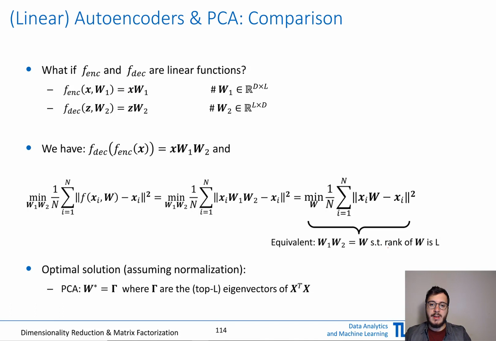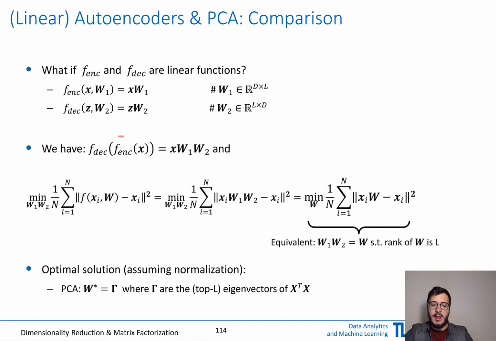This weight matrix projects the data from high dimensional space to low dimensional space, from D dimensions to L dimensions. Something similar happens for the decoder, which takes the latent code, an L-dimensional vector, and up projects it to a D-dimensional vector with the weight matrix W2. So again, we just apply a linear transformation.